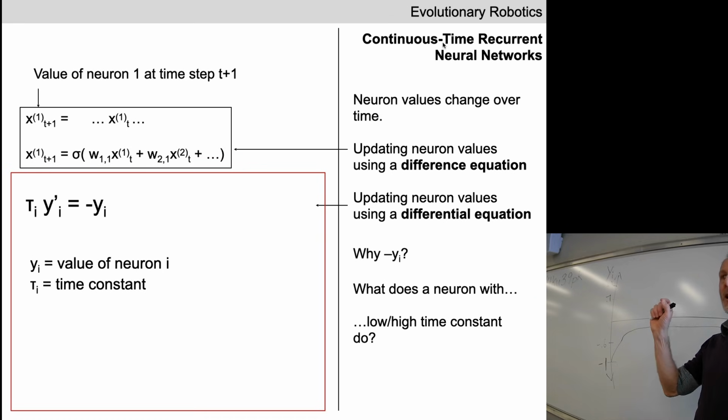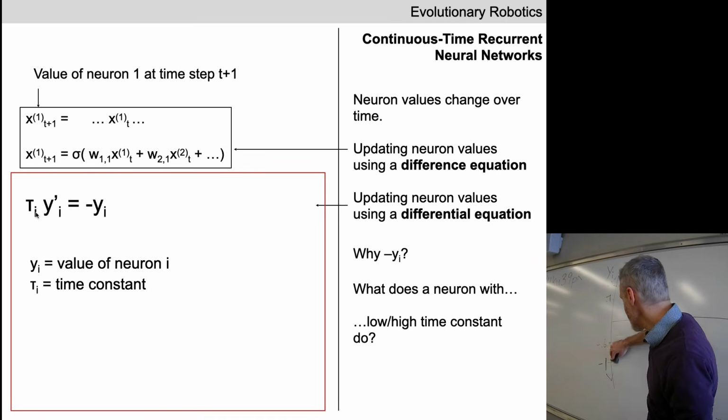So every neuron inside a CTRNN is going to have its own tau. That's the subscript I as a reminder. And it's a constant. Over time, the value of y is changing, which is the value of the neuron. The tau for a given neuron does not change over time. It's set.